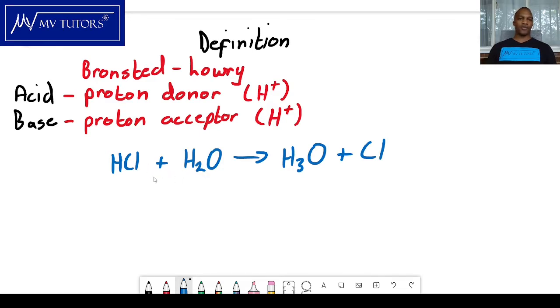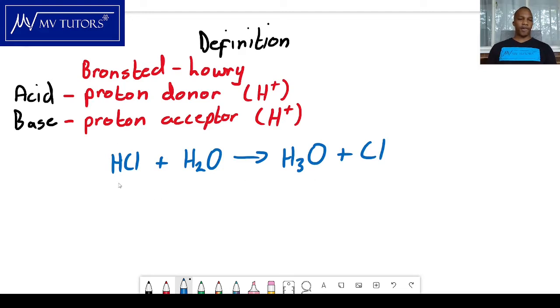If you look at these two, one donated a hydrogen ion to the other. So how can we look at this? H2O became H3O, which means it gained an H, and then HCl became Cl, which means it lost an H or a hydrogen.